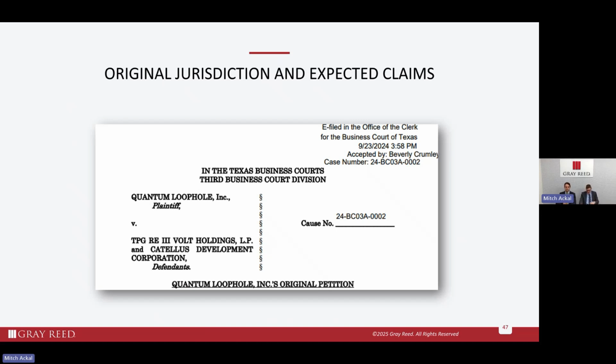The plaintiff was originally the manager of the joint venture, and under the JV agreement was thus entitled to a specific profit share. Now, the plaintiff, again, this is according to the pleading, not taking sides, says that the project was projected to make $1 billion in earnings, and thus its profit share would be approximately $250 million.